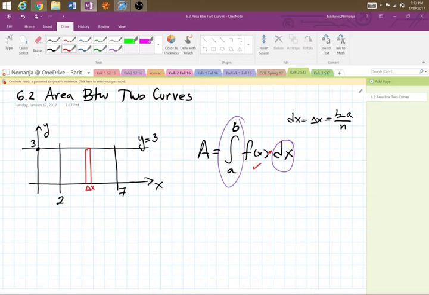The shape we have, in this case a rectangle, is filled with infinitely many of these infinitely thin rectangles. And when you add all of them, you get the overall area. This integral symbol is a stretched S, which stands for sum. You are adding infinitely many rectangles together.